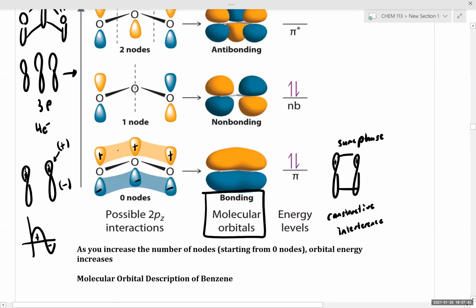So when regions of the same phase are overlapping, we generate what's known as a bonding molecular orbital. Bonding molecular orbitals are lower in energy because we are able to effectively distribute our electron density across multiple atoms, and we have a large number of bonding overlapping interactions. Does that make sense? Does everyone see how we have very good orbital overlap and we're sharing and distributing electron density across all of our atoms?